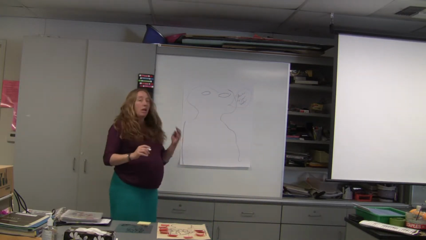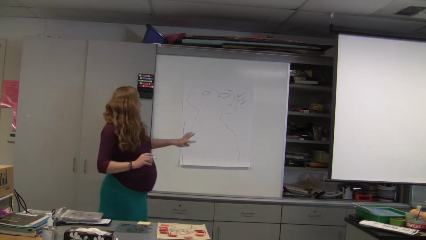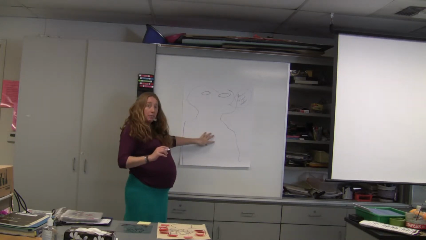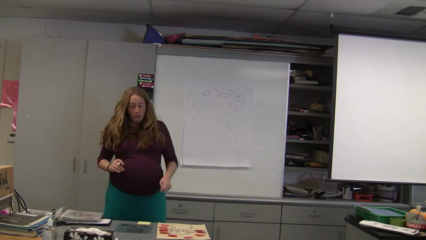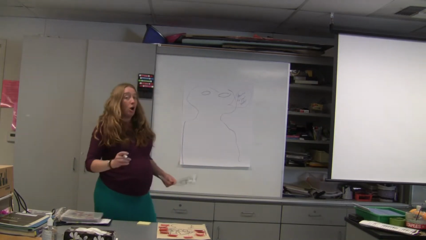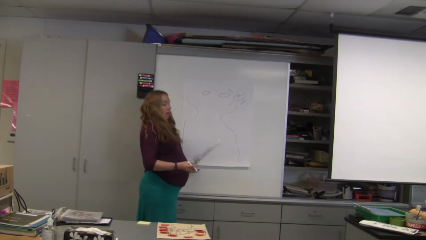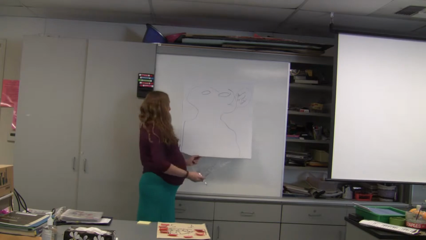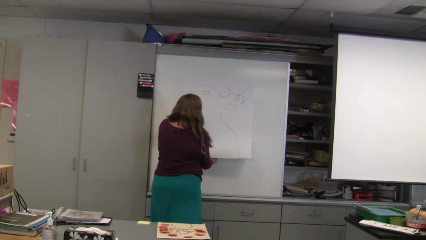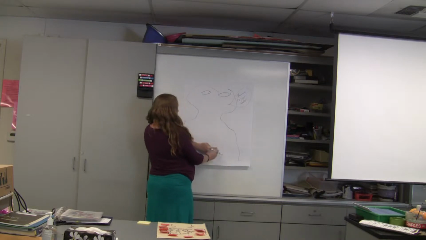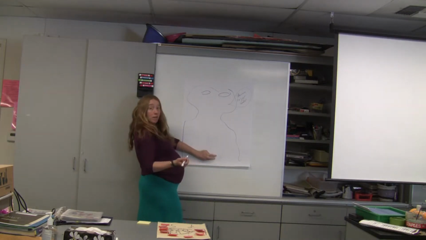But what you're really trying to do is to show what's going on in the respiratory and the circulatory system. So you're going to draw the heart onto your person, and you can use the lovely sheet that you have in your workbook. You don't have to be a perfect artist, just trace it.